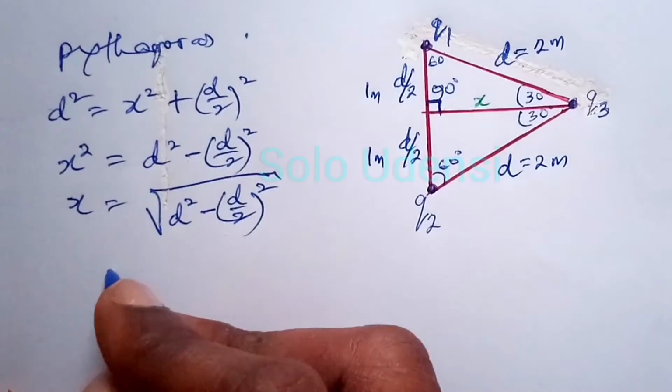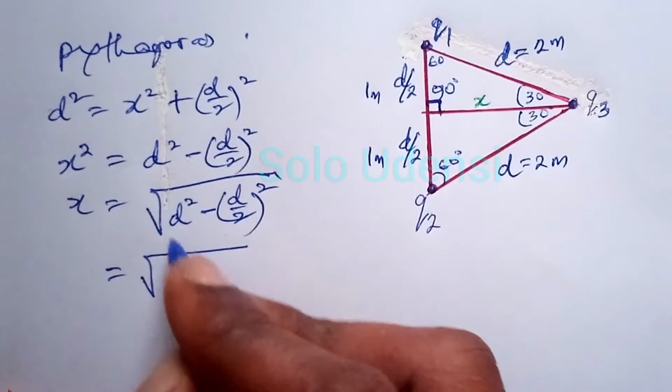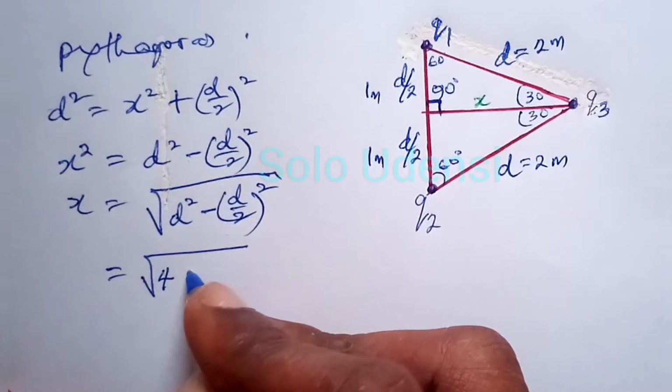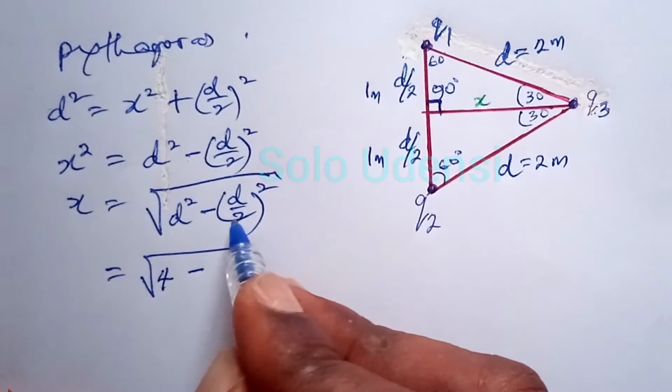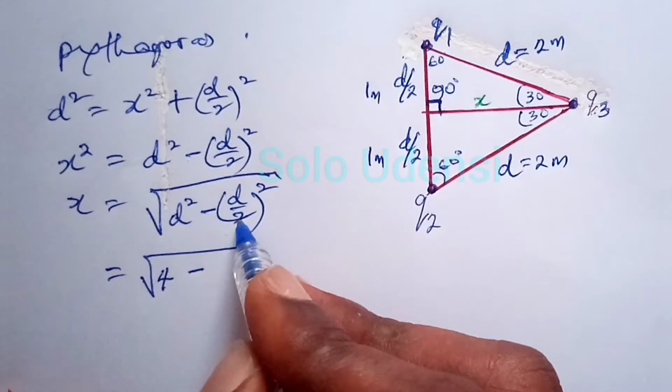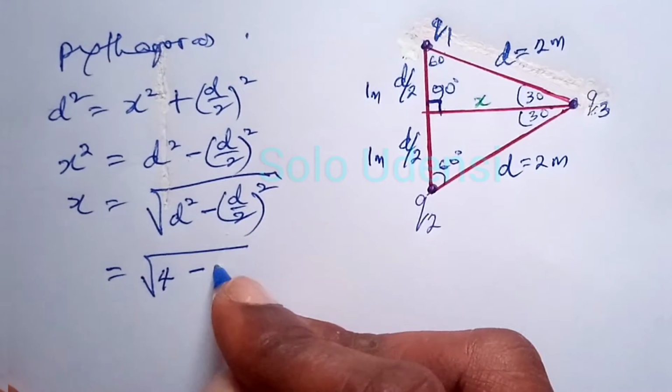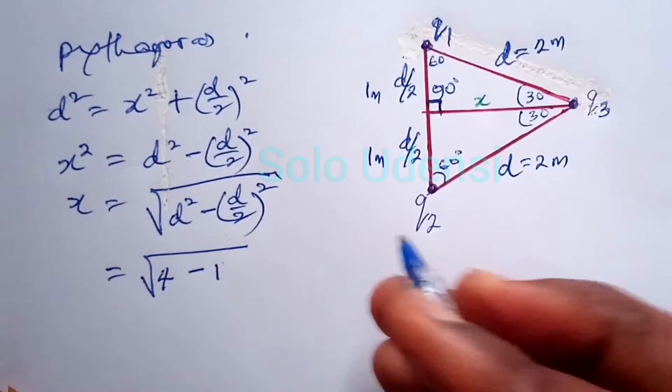So it will be the square root of 2 squared, which is 4, minus 2 over 2 is 1, 1 squared is 1.